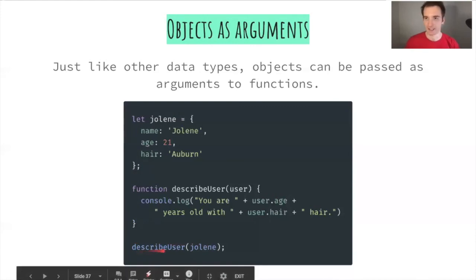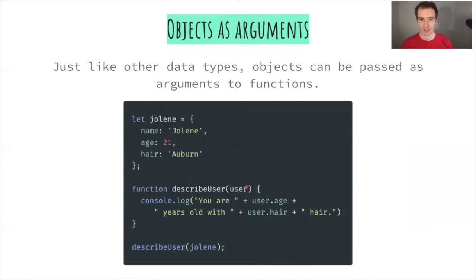So here we're saying, okay, describe user Jolene, we're invoking this function, and then we get back, okay, Jolene gets put into this input of the function, and then we get the console log of: you are 21 years old with auburn hair.